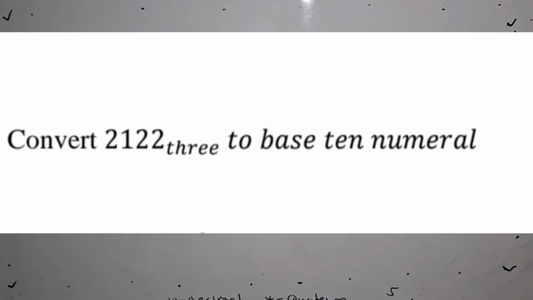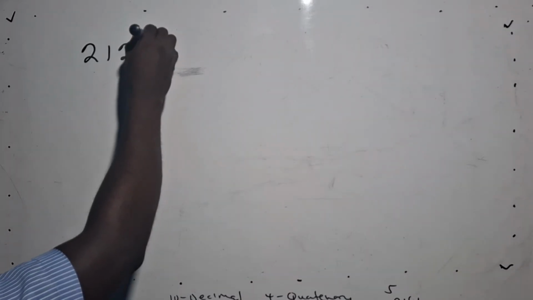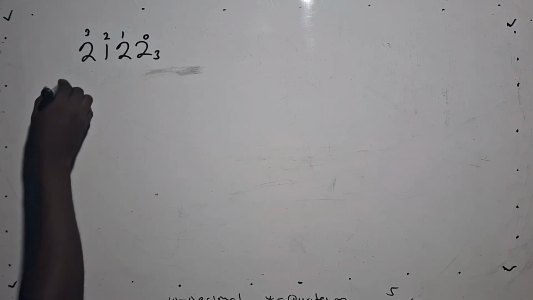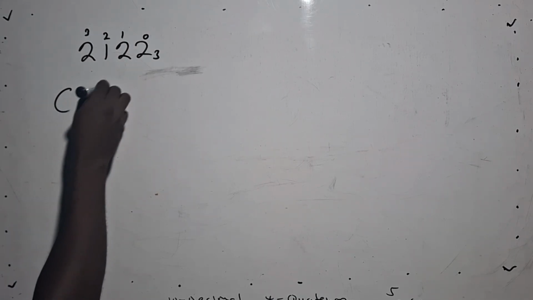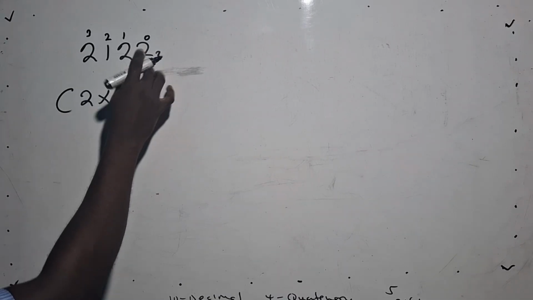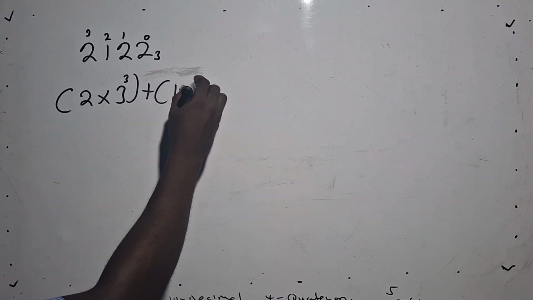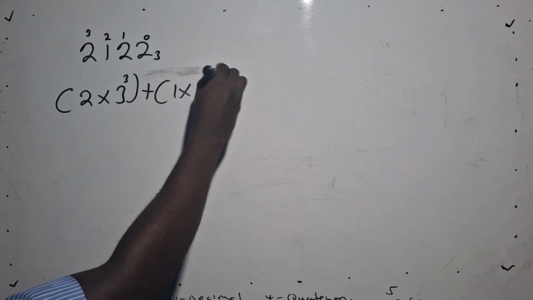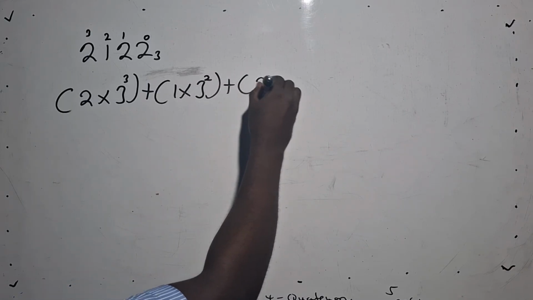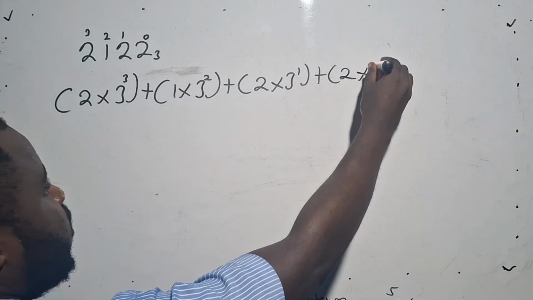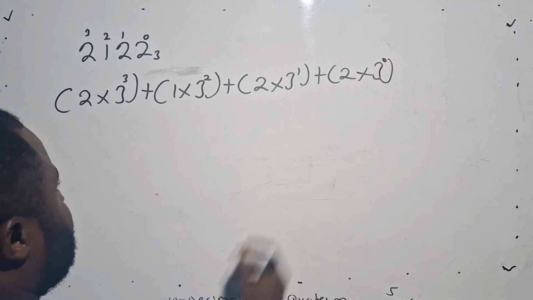So our next question, we are also to convert 2122 base 3 to base 10. So let's write our powers 0, 1, 2, and 3. To solve, we have 2 times 3 power 3, then we have 1 times 3 power 2 plus 2 times 3 power 1 plus 2 times 3 power 0.